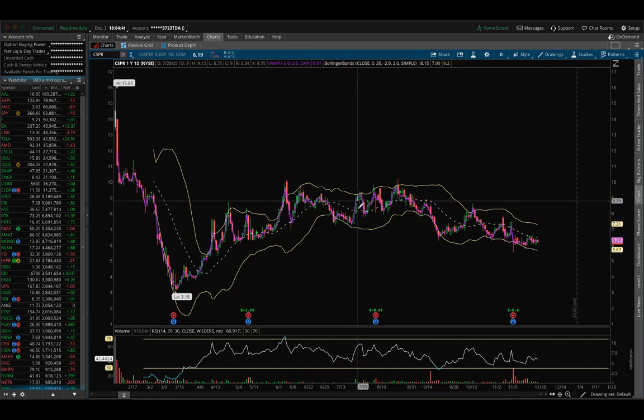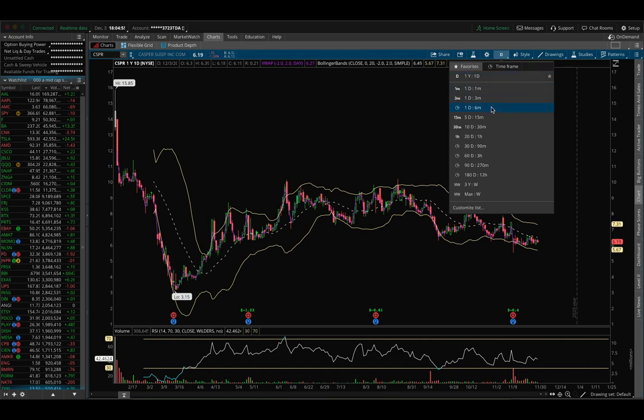Okay, so these are traders, and this is the volume, how many shares are being traded during the aggregation period, which changes for the chart. So you can see what I have here as my favorites. If I'm scalping, I'm looking on a really close chart like the 1 minute, the 3 minute, where I'm finding my levels there.